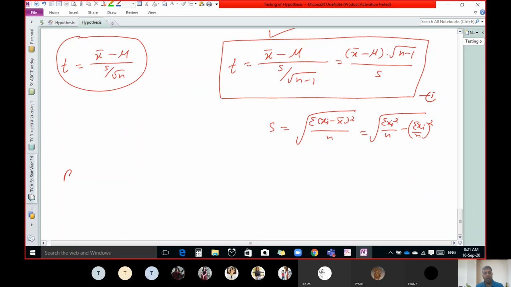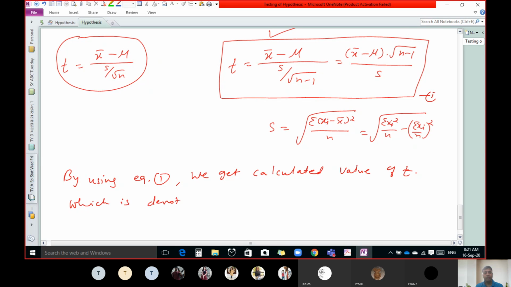By using equation 1, we get the value of t, which is known as the calculated value of t, denoted by t cal.